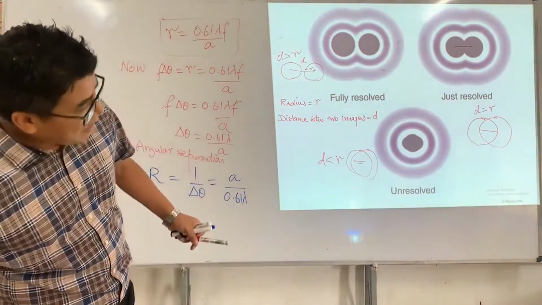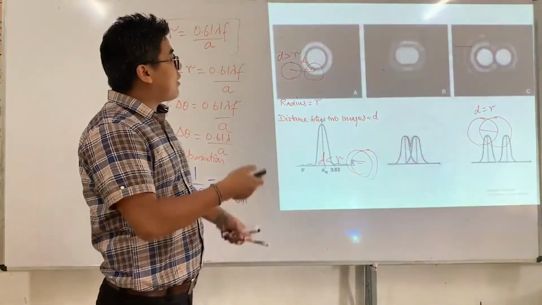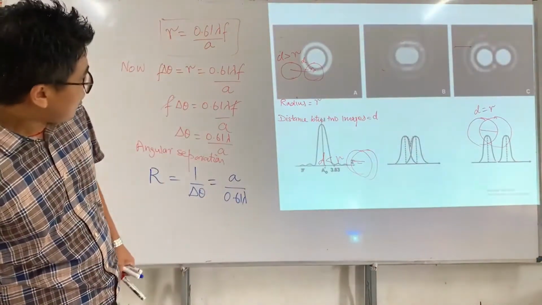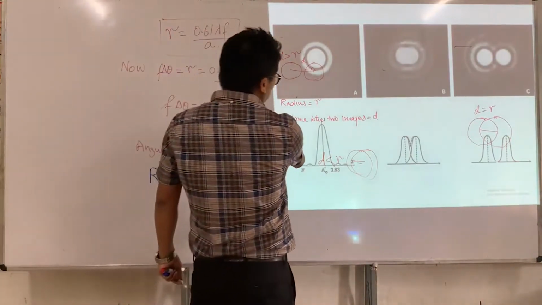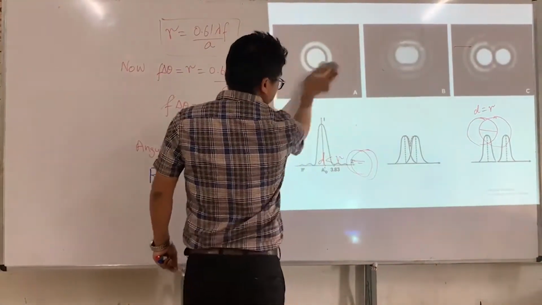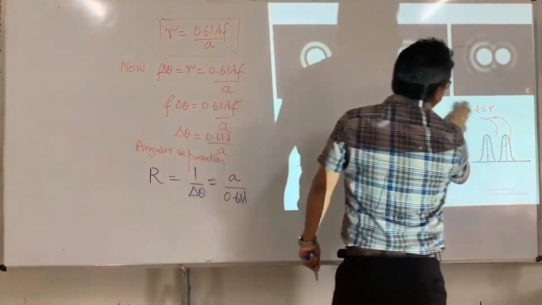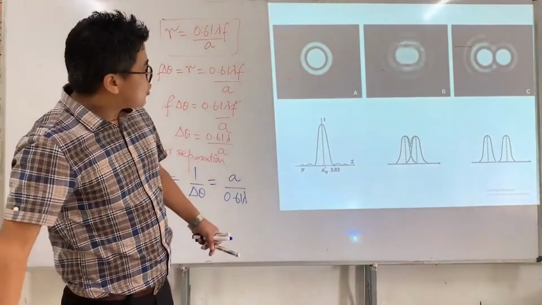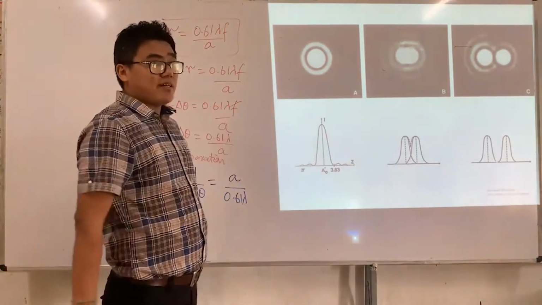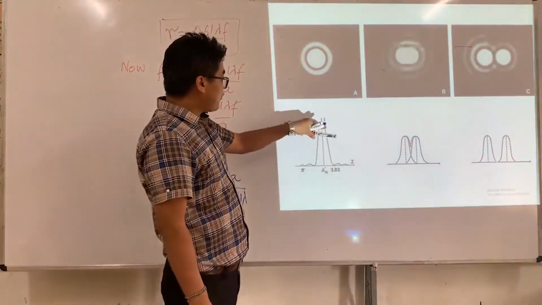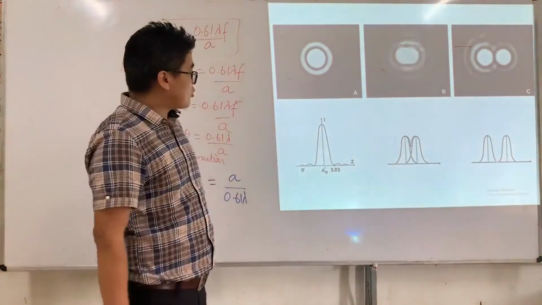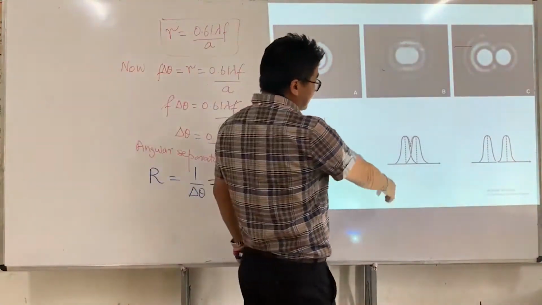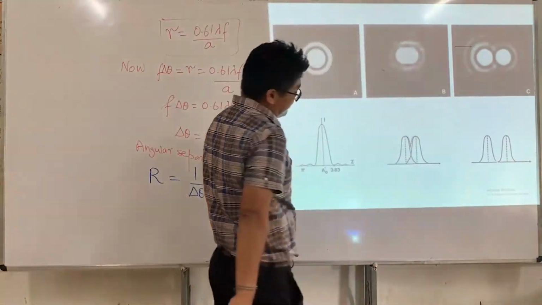Then the same I can define in terms of the central bright spot. Look here. This is unresolved: two bright spots overlap each other. This wave represents a bright spot, and in this case it is just resolved.